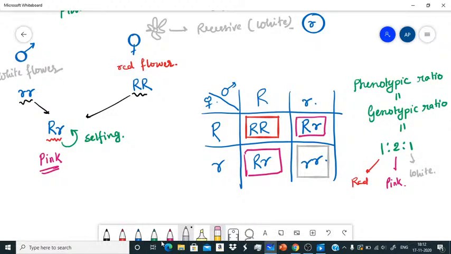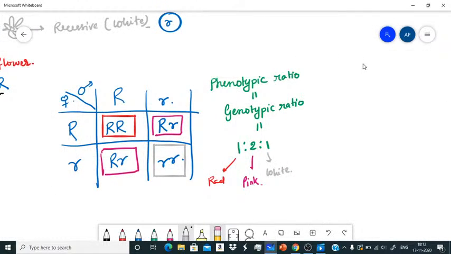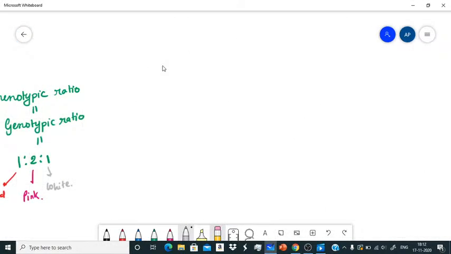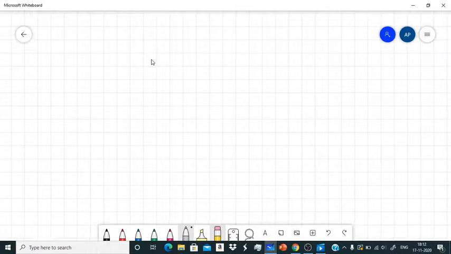With this much of understanding, let's proceed on into the inheritances, right? Different forms of inheritances. So what we are going to learn right now, let's start with, we have many chromosomes. You already know the concept of chromosomes, right?